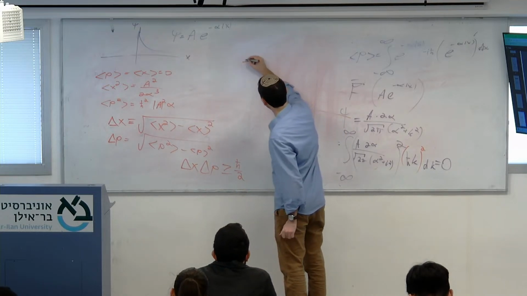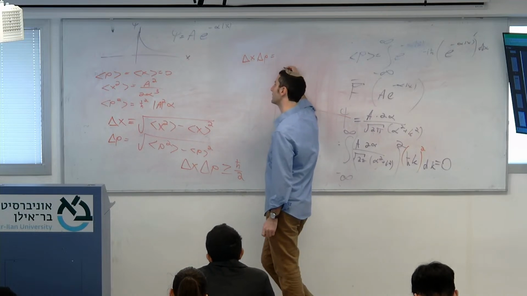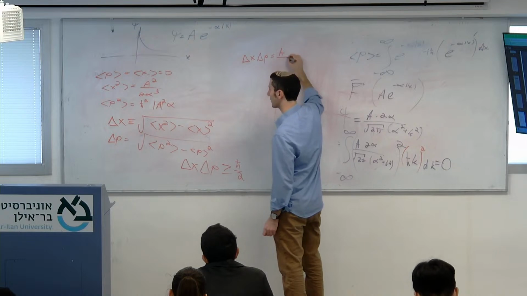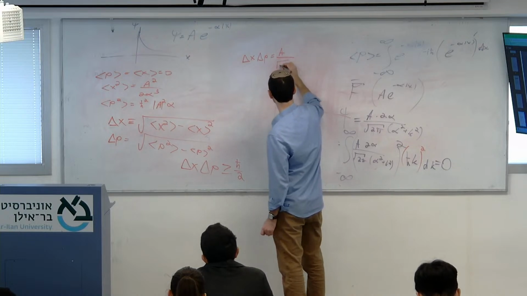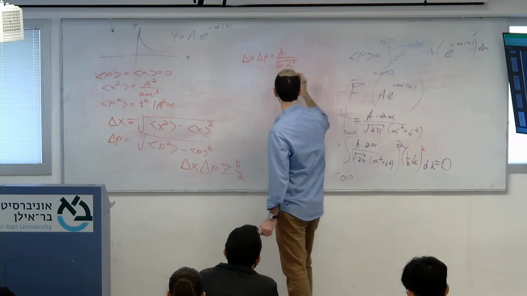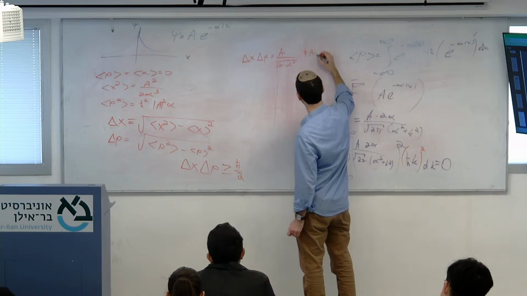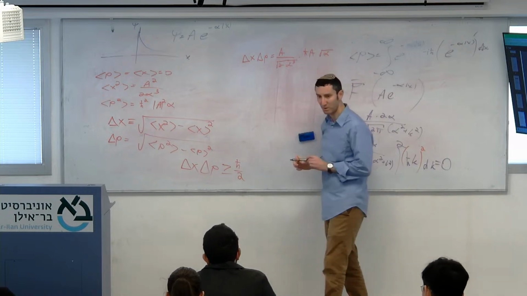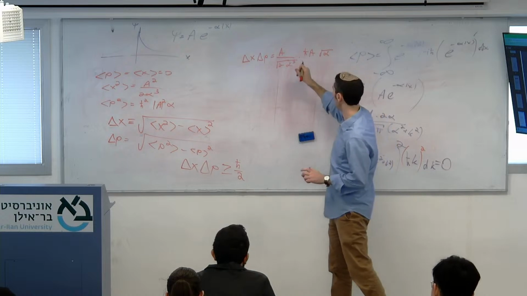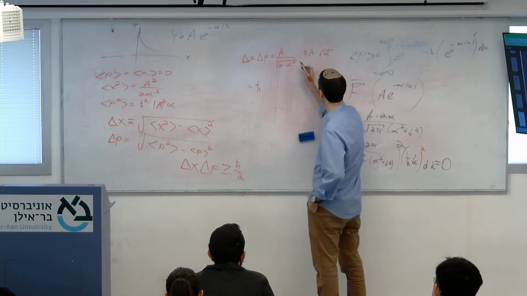I get that delta x, delta p here is a over square root of 2 alpha cubed times h bar a square root of alpha. Okay, this is h bar times a squared.